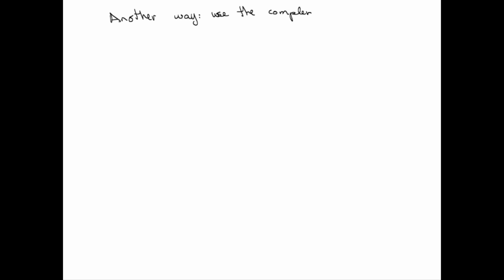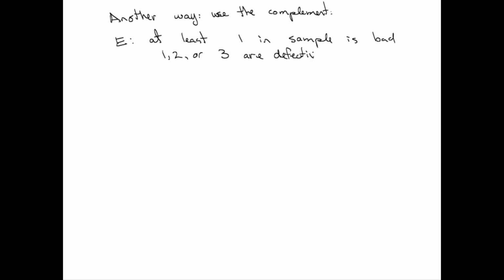So if our event is that at least 1 in my sample is bad, in other words, 1, 2, or 3 are defective, then what is my complement? All the radios in my sample are good. Well, how many ways can this happen?